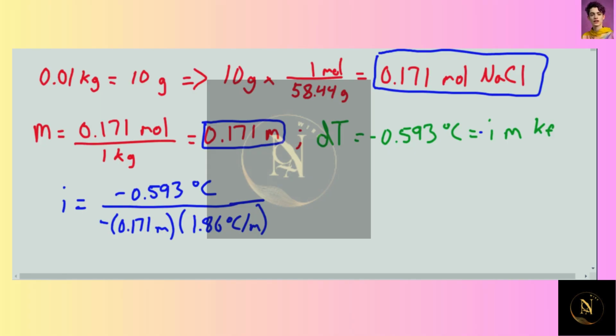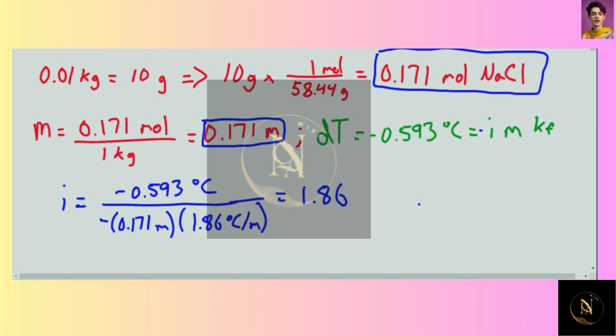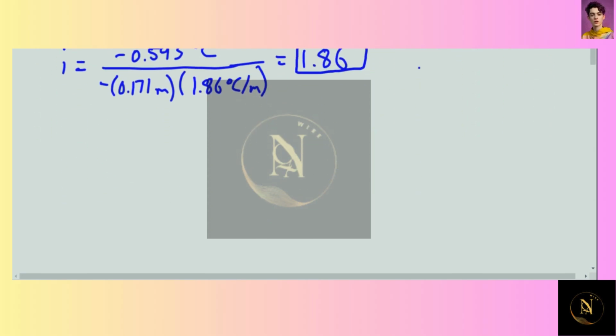So if we do this calculation, we'll get the Van 't Hoff factor. And the value is 1.86. So typically we would assume it's 2 for sodium chloride, but we see that when we actually do an experiment and we measure it, we see that it's not exactly 2. So less than ideal behavior in this case.